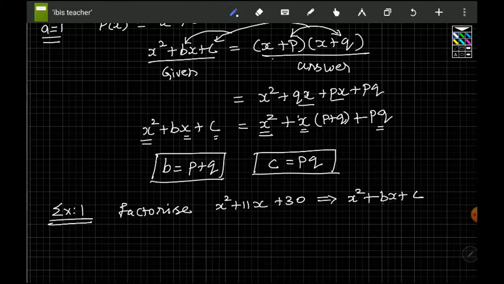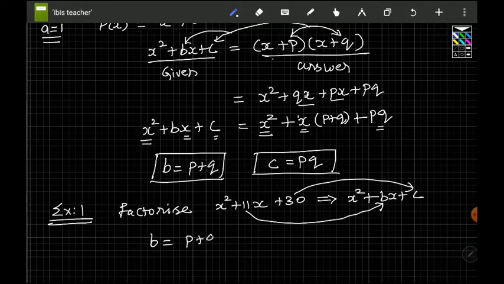In place of b you have 11, in place of c you have 30. But b is p plus q, hence b is equal to 11, so p plus q is 11, and c is equal to pq, but pq is equal to 30.